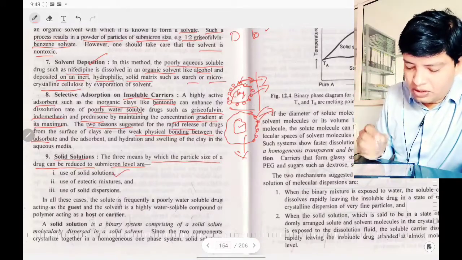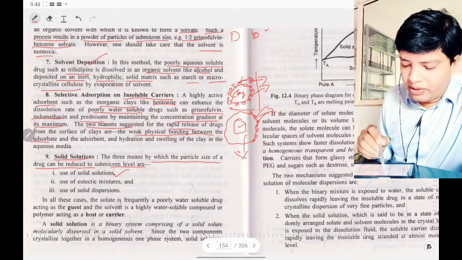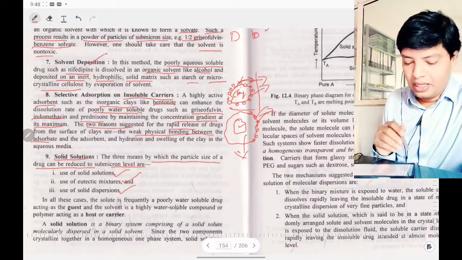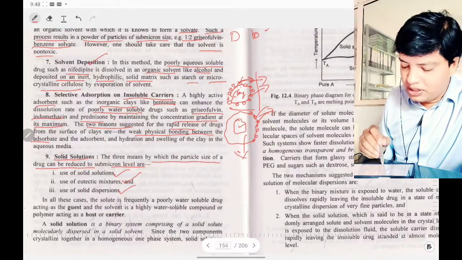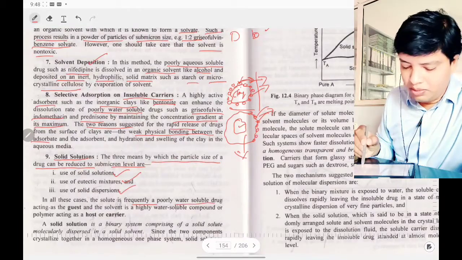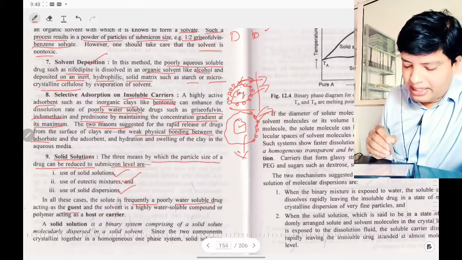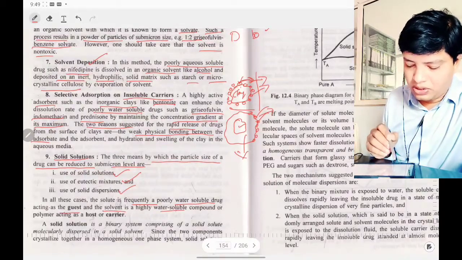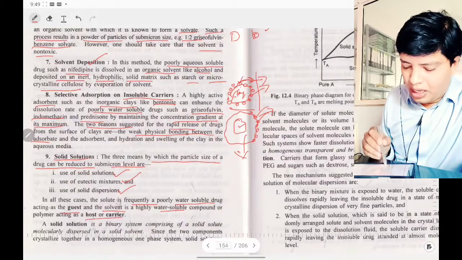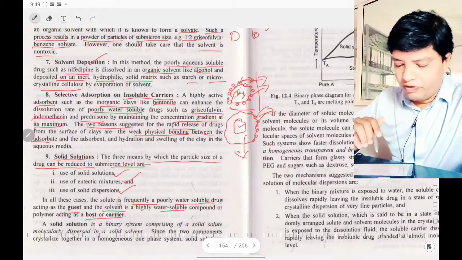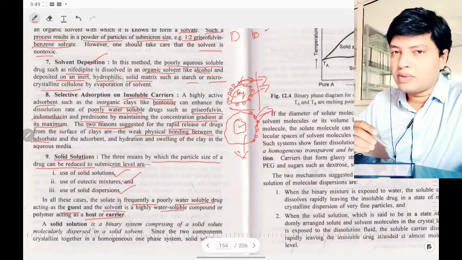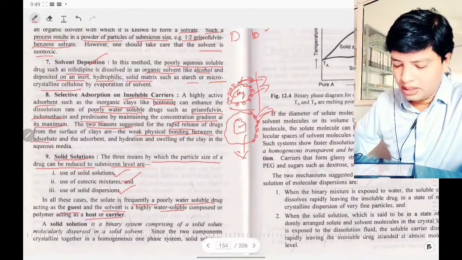Use of solid solution, use of eutectic mixtures and use of solid dispersion. In all these cases, the solute is frequently poorly water soluble and acts as a guest, and the solvent is highly water soluble, acting as a host, or a carrier. If you want to know about this, go and check the details about solid dispersion. I have taught this in the complexation chapter.